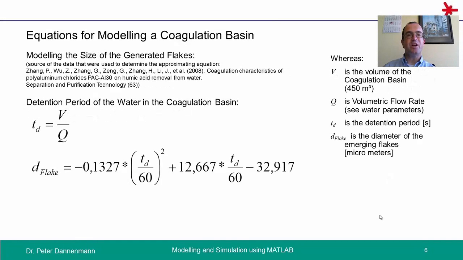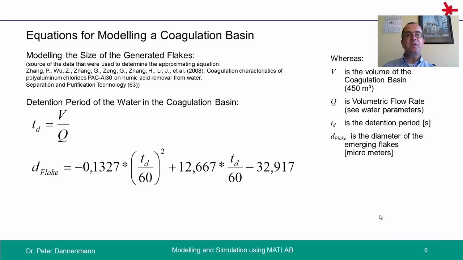In the sedimentation process that takes place in the sedimentation basin where the water flows when it leaves the coagulation basin, the size of the sludge flakes that were formed in the coagulation basin is an important parameter. Therefore, we want to compute the size of these flakes here approximately. In the coagulation basin, the flocking agent at first causes the formation of microflakes.